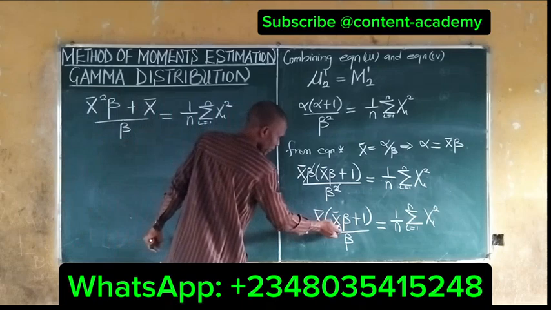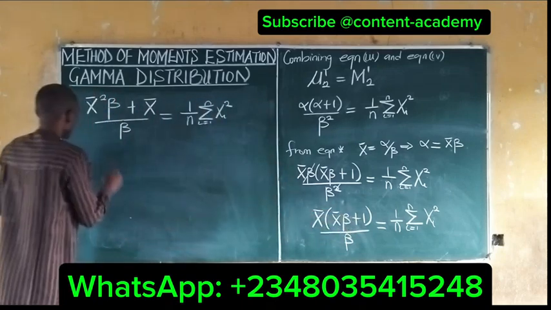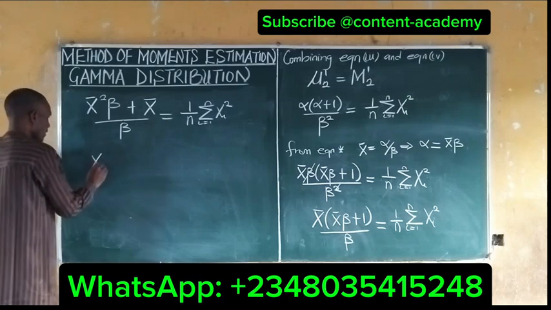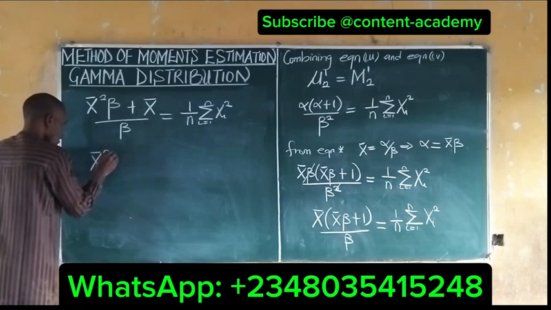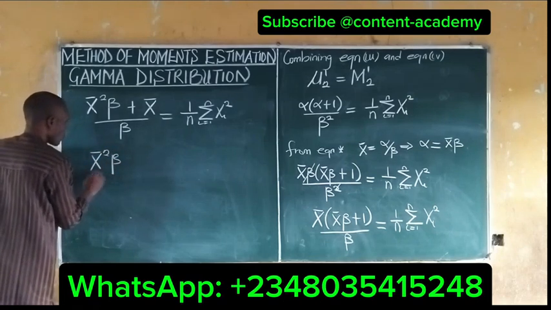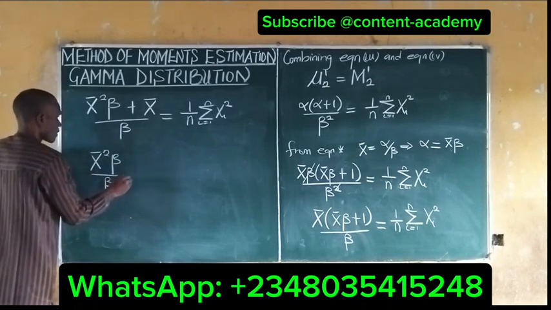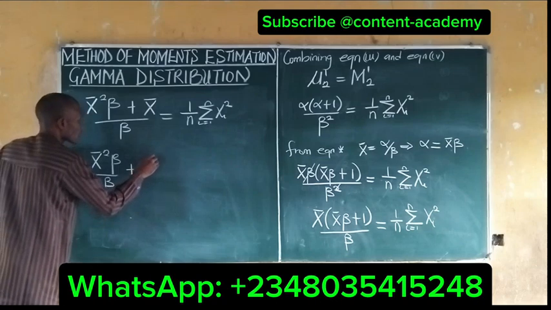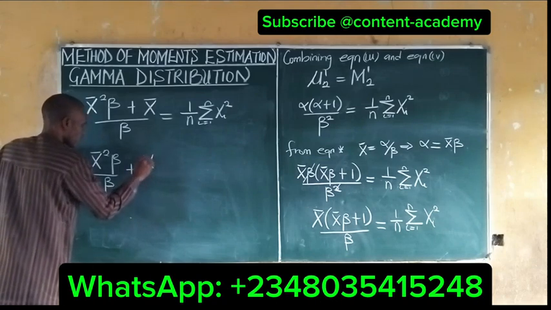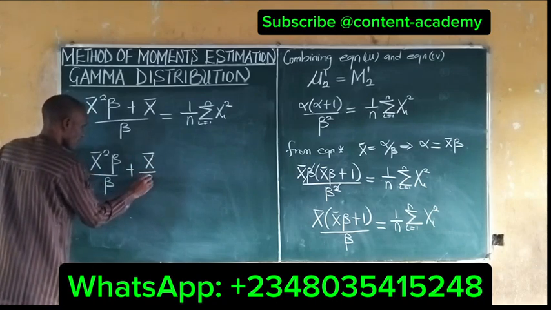That means we multiply this, we open the bracket. Now we can still write this as x bar squared beta all over beta plus x bar all over beta.